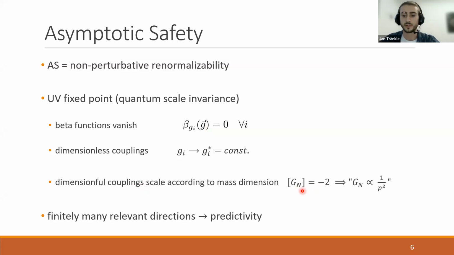So for the Newton constant with mass dimension -2 in 4 dimensions, this would imply something like G_N scaling as 1 over p squared. Now I've put quotation marks here because we will treat the Newton constant, of course, in more detail later. And finally, we require such a fixed point to have only finitely many relevant directions because these correspond to free parameters in the theory, and this will result then in predictivity of the theory.